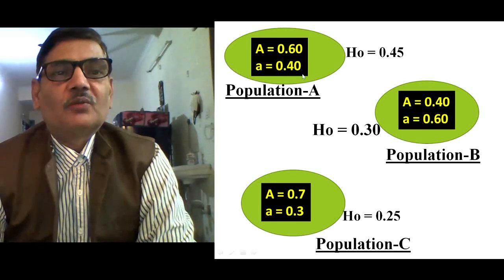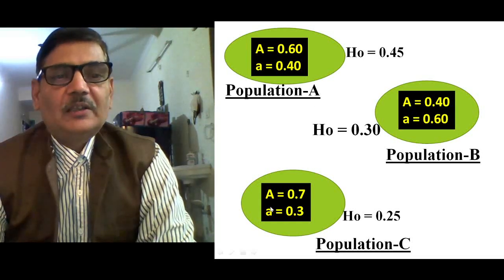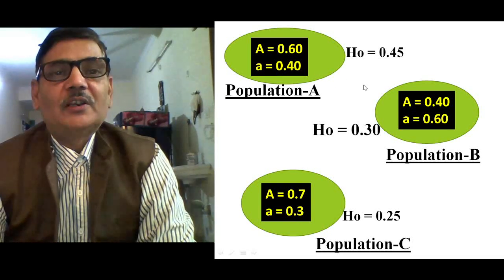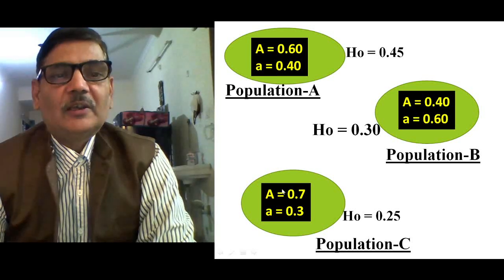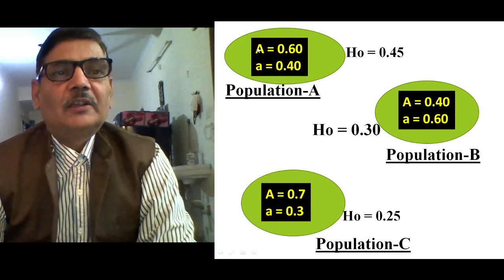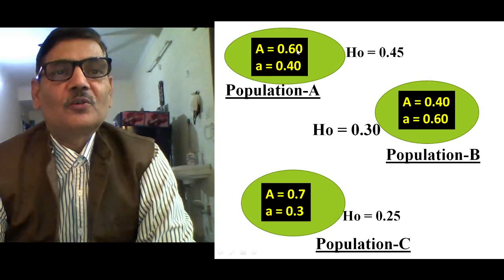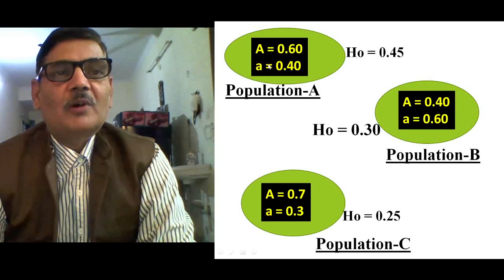This is population 1, represented as population A. This one is population B, and this is population C. Suppose these are three geographically differentiated populations, present in three different areas. Population A, when analyzed for its gene locus, has one allele of that locus with a frequency of 0.60. The other allele is small a, and its frequency is 0.40.